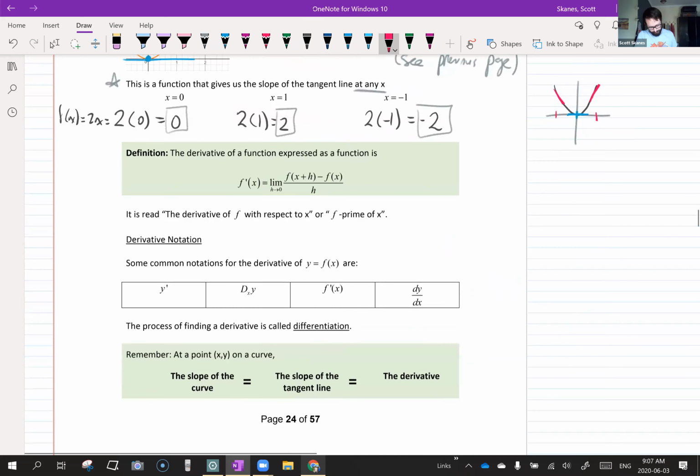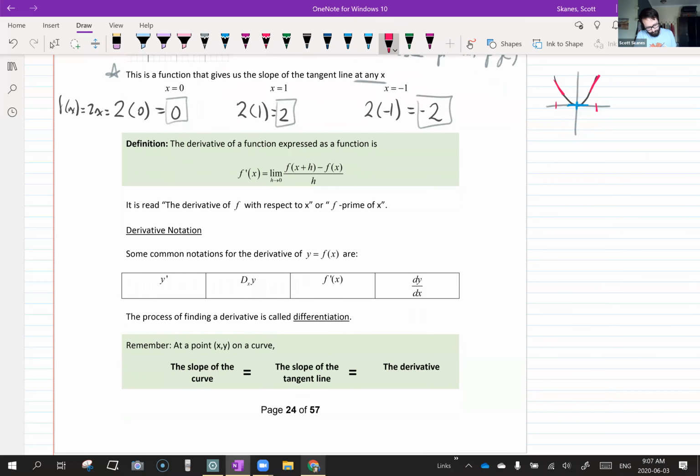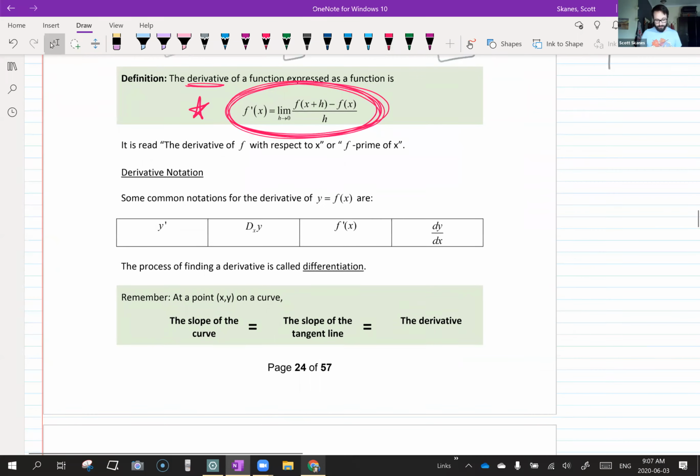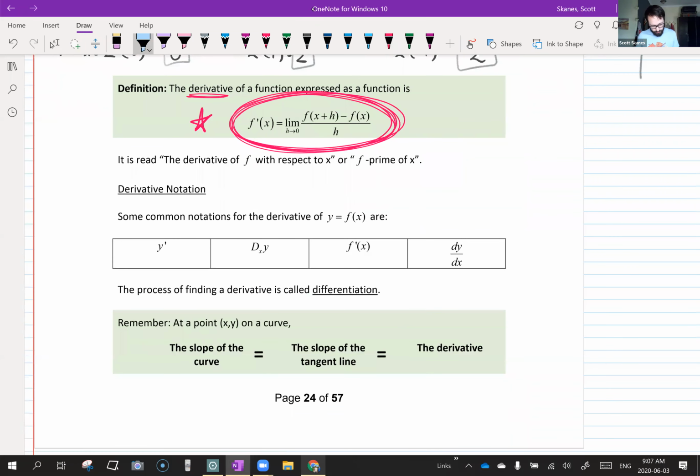Let me get to the point. The derivative is expressed as this. It's extremely important. It's called the delta process. There's different ways of calling it the derivative. The derivative of f with respect to x, or f prime of x, they all mean the same thing.